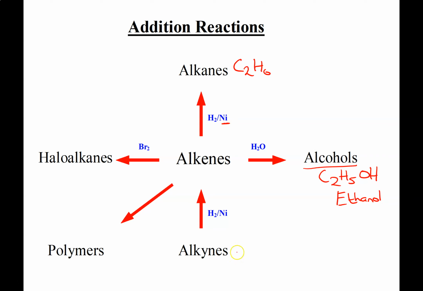If you have an alkyne and you add hydrogen to it in the presence of a nickel catalyst, you come out with an alkene.